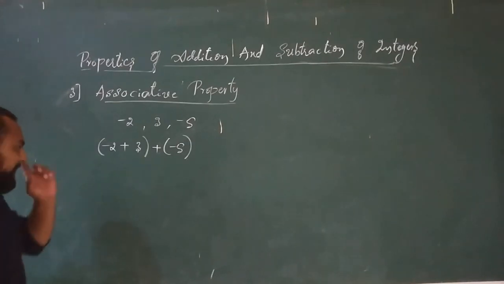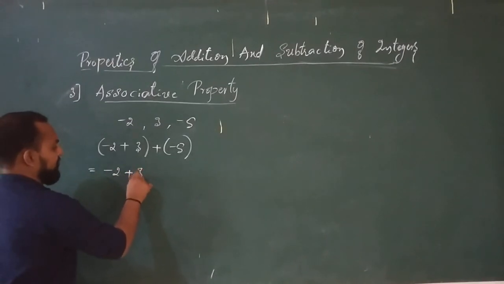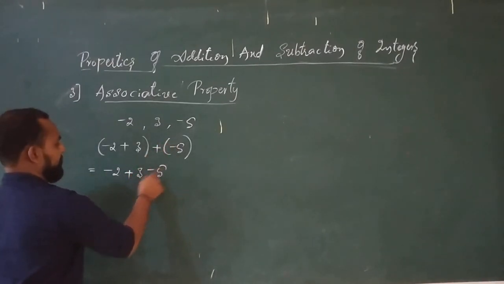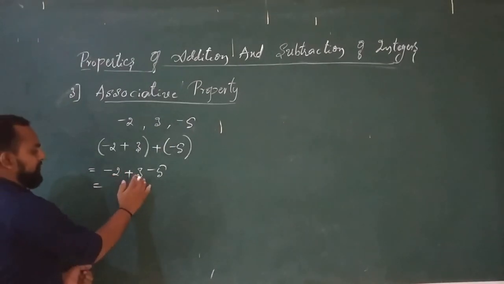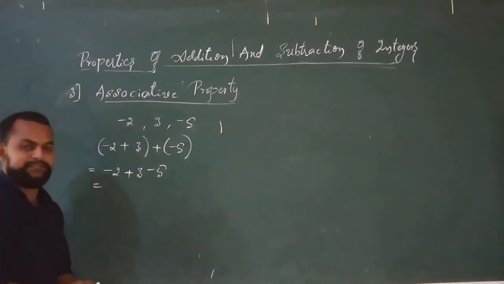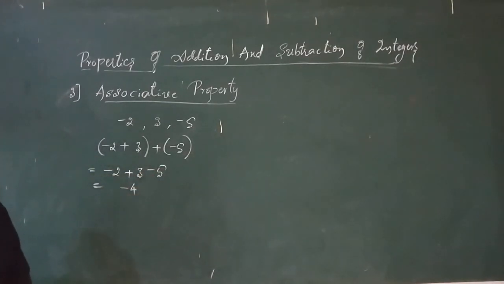Minus 2 plus 3 is 1, then minus 5. 1 minus 5 is minus 4.